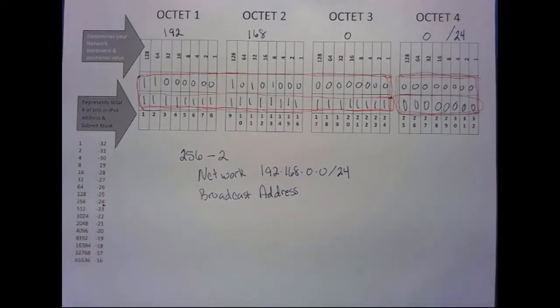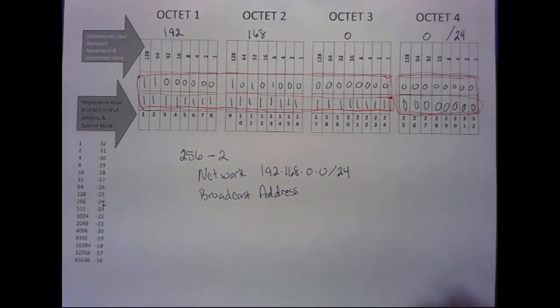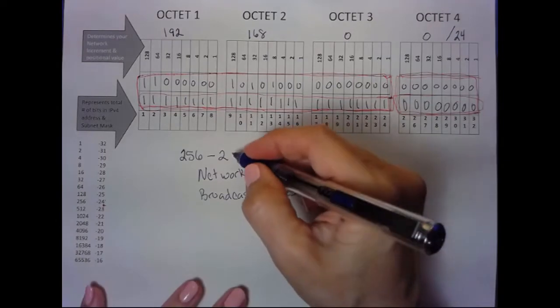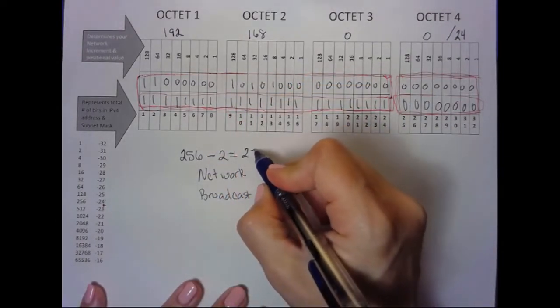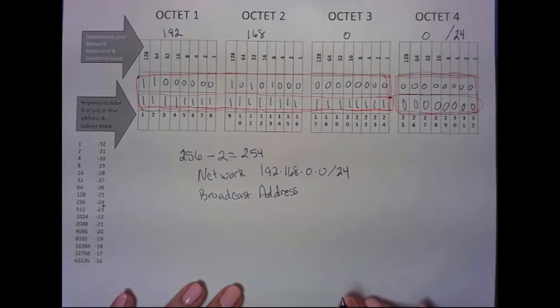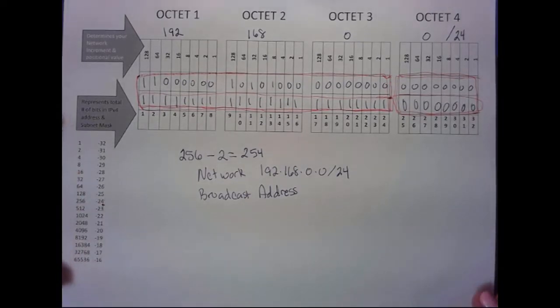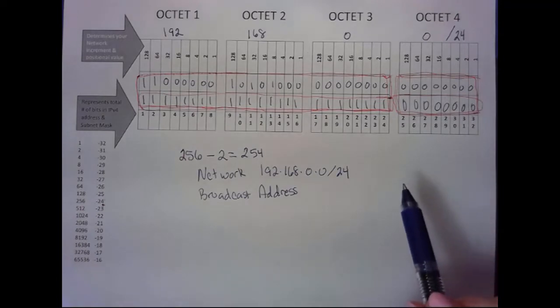Neither of these addresses can be assigned to a host device or an interface. So they are not usable addresses. So actually, this network has 254 usable addresses.